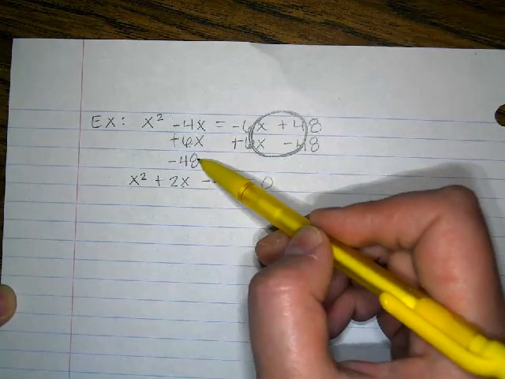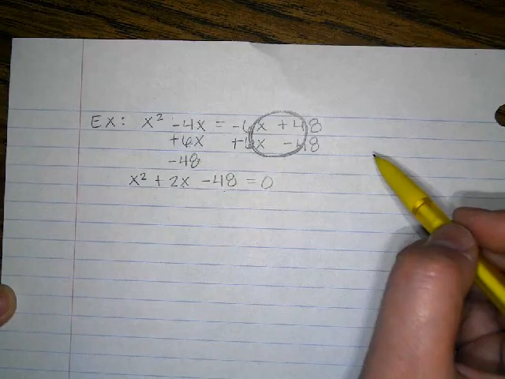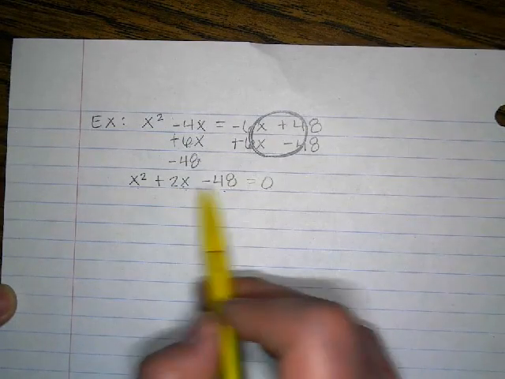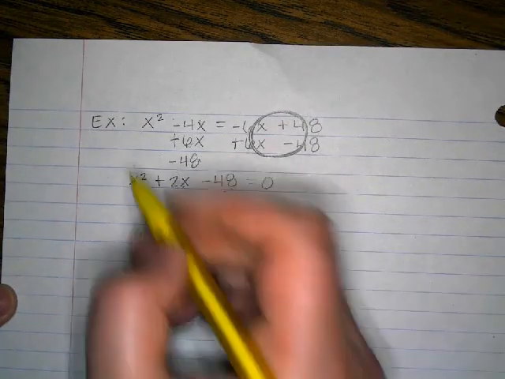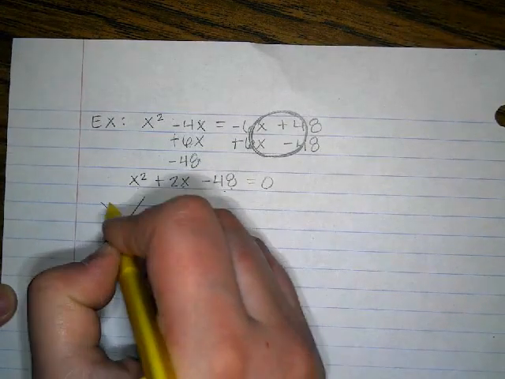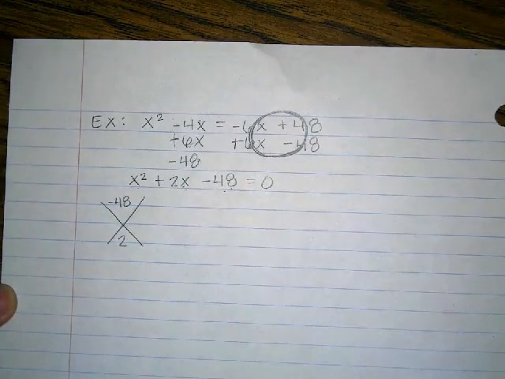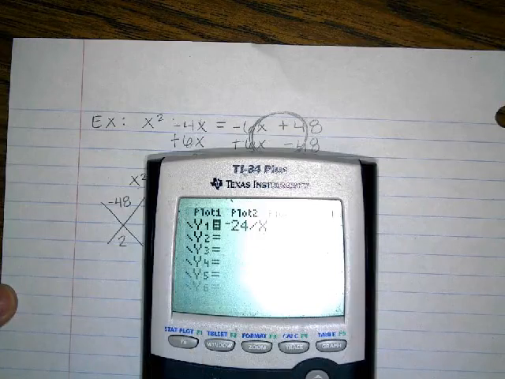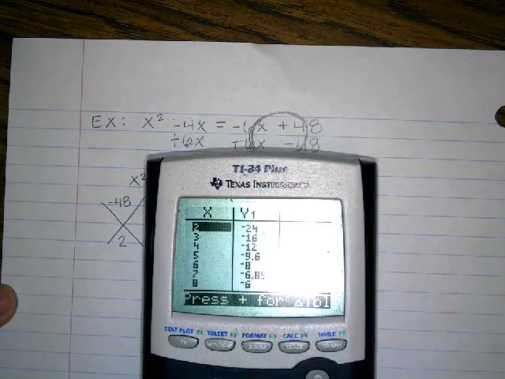Okay, so we've got a trinomial. Do you see what multiplies to negative 48 and adds to 2?